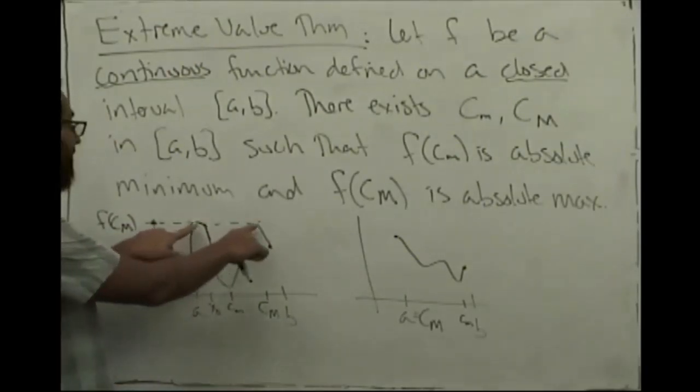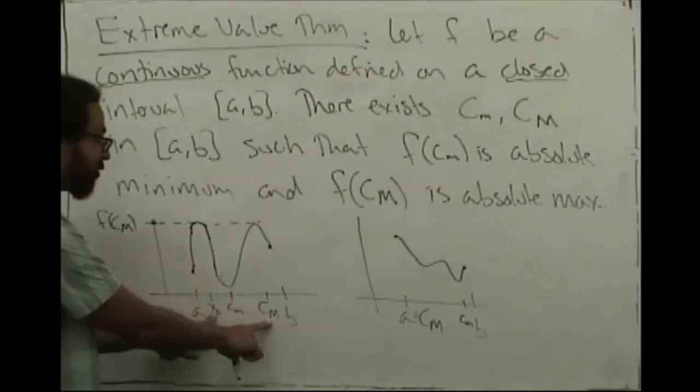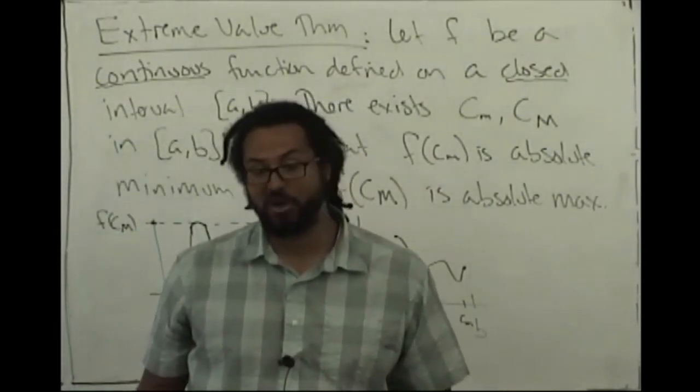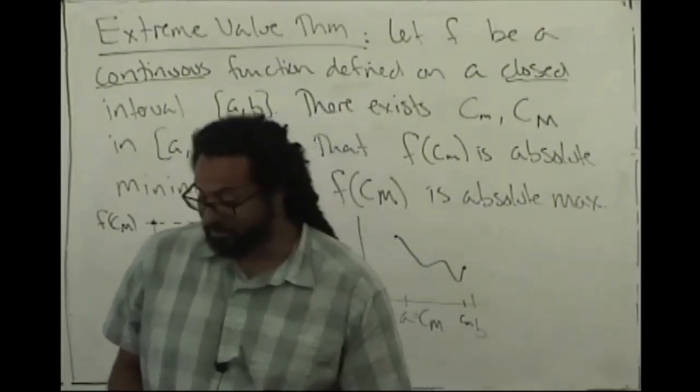There's only one absolute maximum value, but there's two spots where it could happen. So that's also a thing to be on the lookout for when we solve some of these problems.